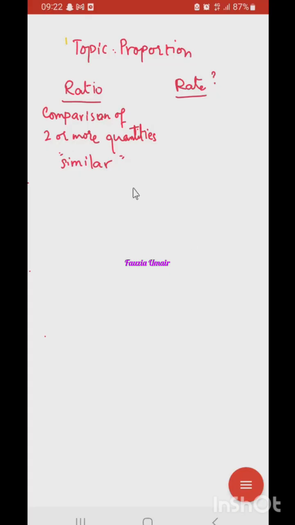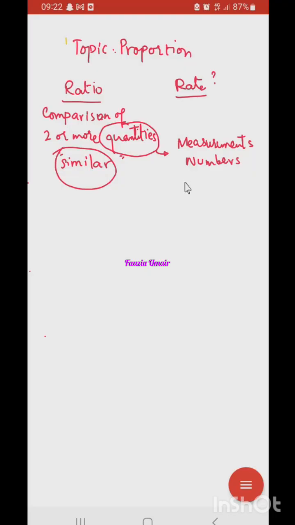There are two words we are using: one is quantities, the other is similar. Quantities is a term used when we use the concept of rate, ratio or proportion. Quantities are basically any measurements, anything you are comparing. It can be measurements, numbers, or units.